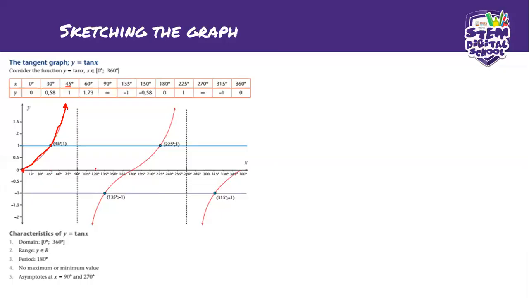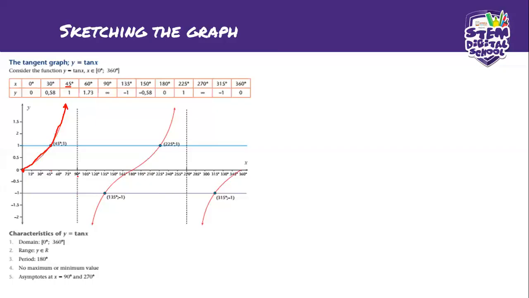All right. Now I want us to talk about this 90 degrees. Look here. When you say tan 90, it gives us a math error. It's undefined. So at this point of 90, we are going to obtain what you call an asymptote. So this line is going to act as an asymptote.